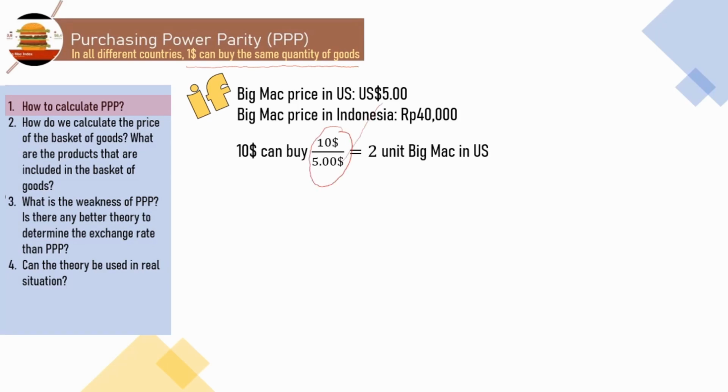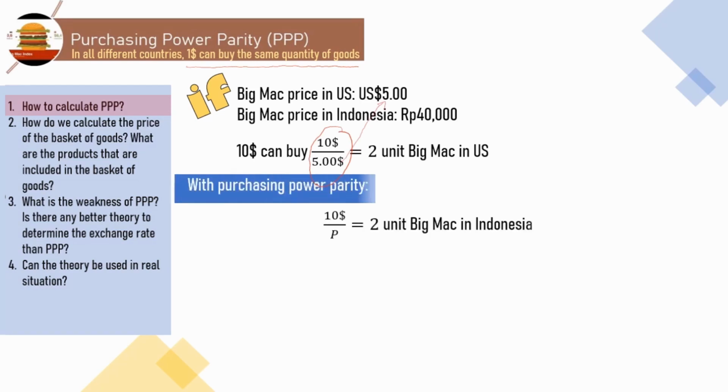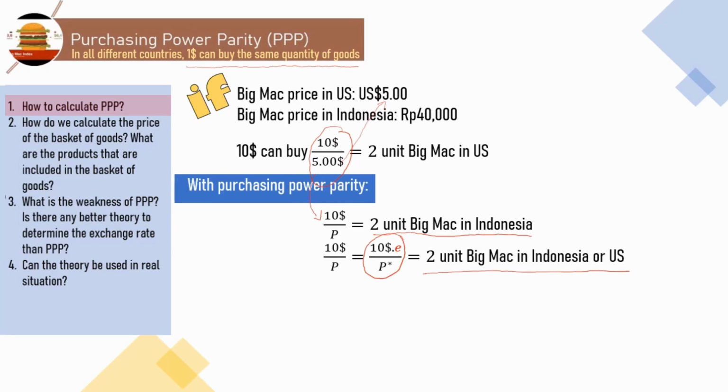How about in Indonesia? With purchasing power parity, the same amount of dollars can buy the same number of Big Mac in Indonesia. So if $10 is converted to rupiah, we will have rupiah as much as 10 times the nominal exchange rate, E. And the converted dollars will have exactly the same purchasing power in Indonesia.